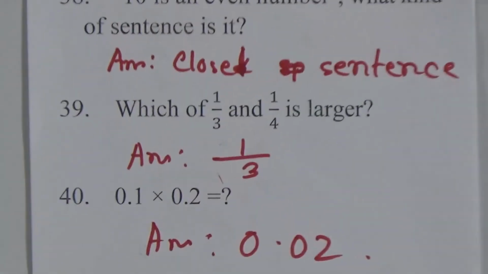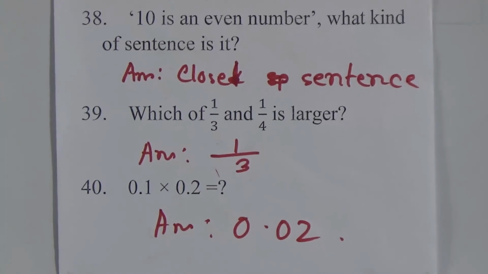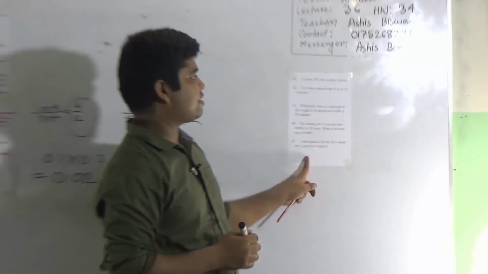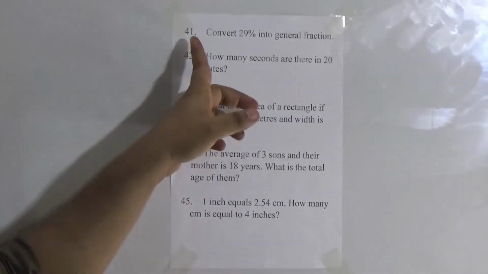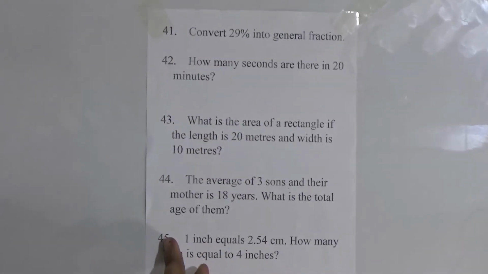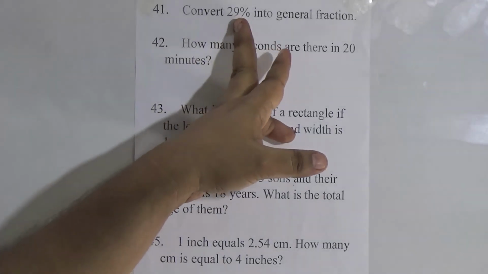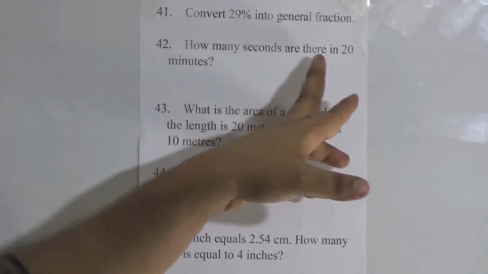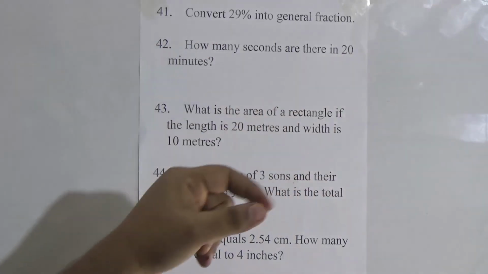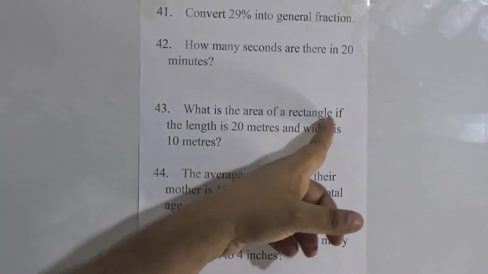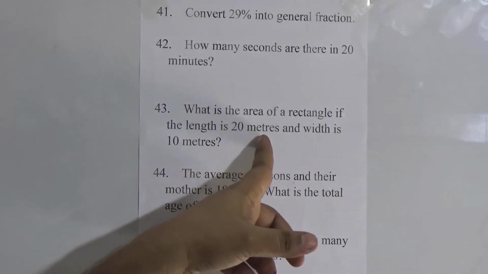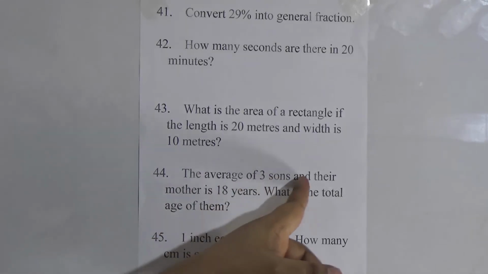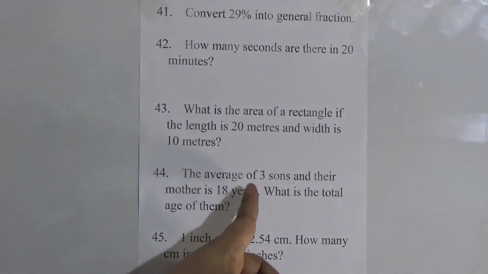Dear student, this is our today's CW, that means class work, and this is your SW. Okay, my dear student, it starts from 41 to 45. 41: convert 29% into a common fraction. 42: how many seconds are there in 20 minutes? 43: what is the area of a rectangle if the length is 20 meters and the width is 10 meters? 44: the average age of 3 sons and their mother is 18 years.